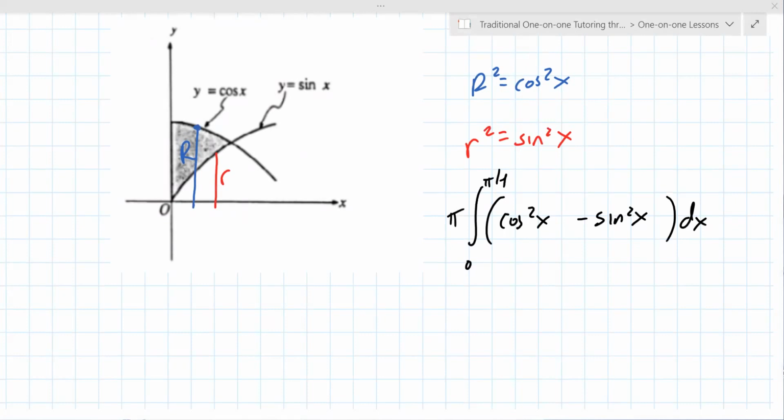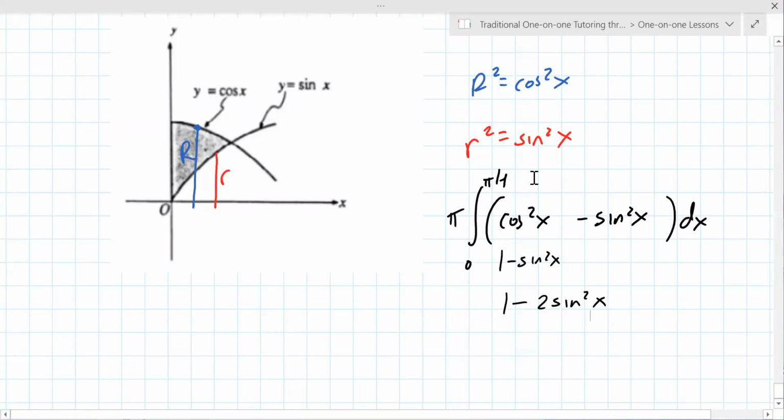Let me go look. So the one that comes to mind is that you can make one into the other. So like cosine squared is 1 minus sine squared x. So this becomes 1 minus 2 sine squared x. And then what I was referring to, those are Pythagorean identities, is double angle forms. Oh, this is a double angle. Now I see why they're doing this.